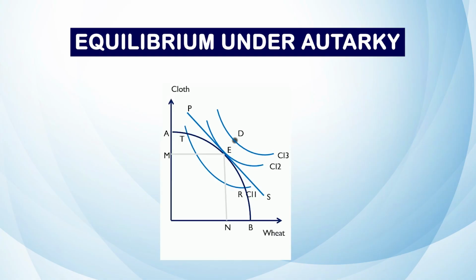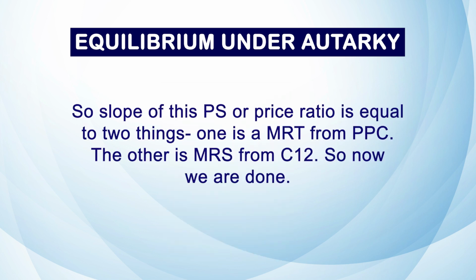So I didn't want to repeat it. So here the slope of this C12 at point E, defined by MRS, is again equal to the slope of this price line PS at point E. So the slope of this PS or price ratio is equal to two things. One is MRT from PPC, the other is MRS from C12.